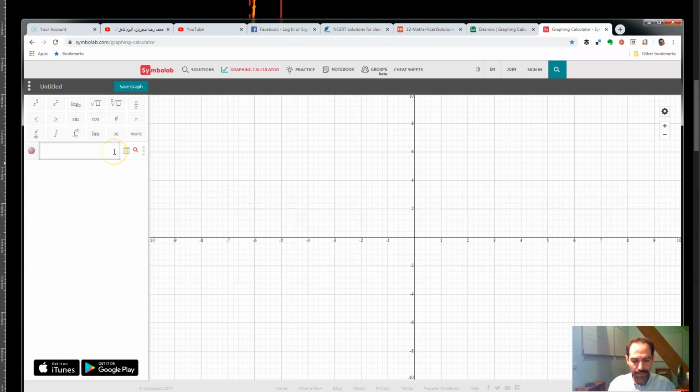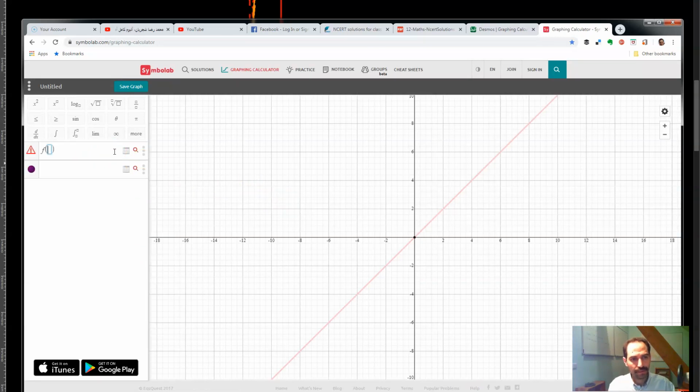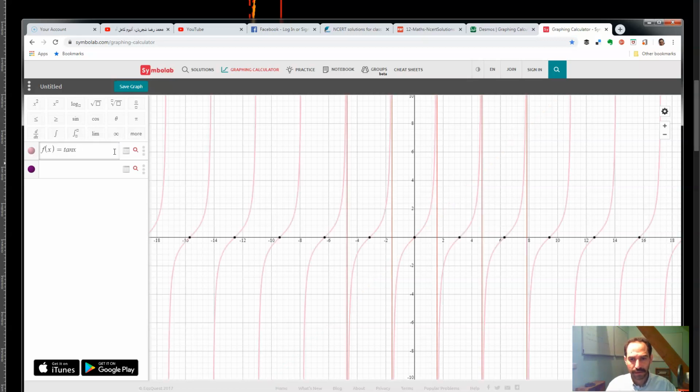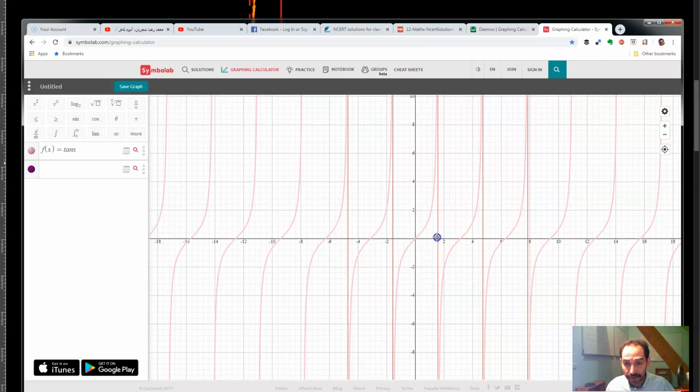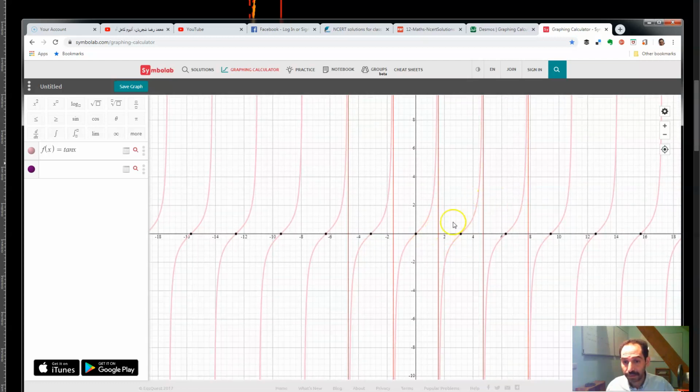If you use Symbolab and try f of x is equal to tan x, as you can see, it gives you the asymptotes as well. These vertical red lines are basically your vertical asymptotes, and you have an infinite number of such asymptotes here.